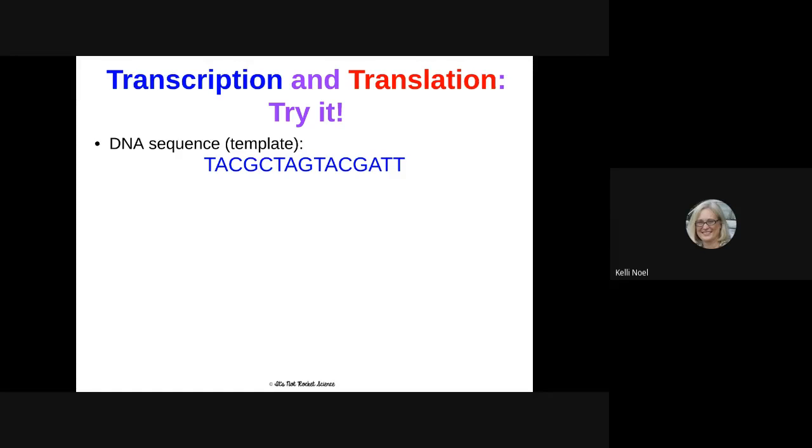A will pair up with, if I'm doing mRNA, U. This will be G. G goes with C. C goes with G. T will go with A. This is U, C. So this is the first step. A, U, G, C, U, A, A.